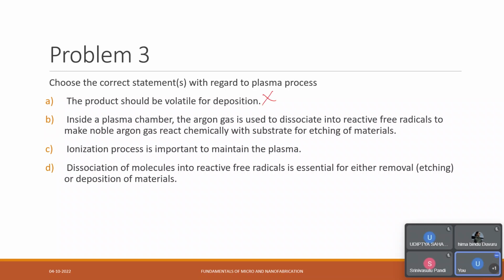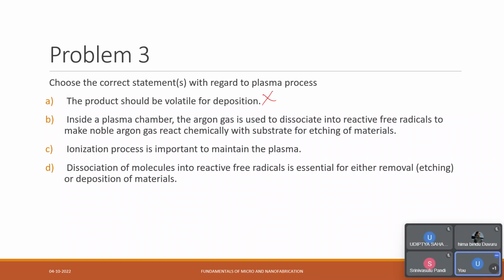Okay. And the second one: inside a plasma chamber, the argon gas is used to dissociate into reactive free radicals to make noble argon gas react chemically with substrate for etching of materials. For etching, we use reactive free radicals, and argon gas is something that is inert. Argon is used to get ionized, and this ionization process helps in generating electrons.